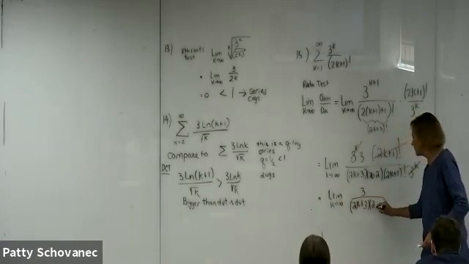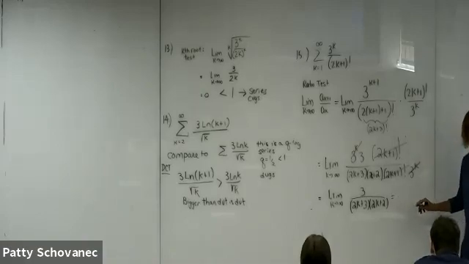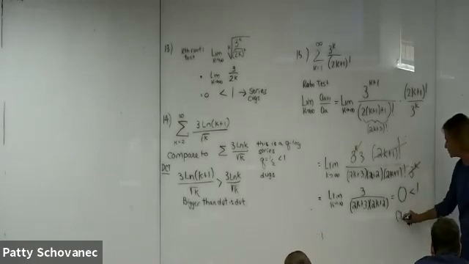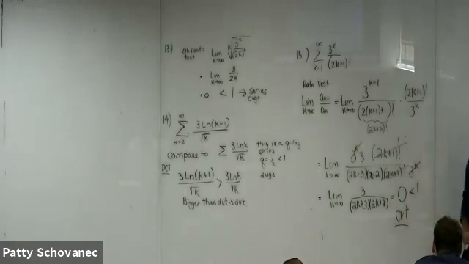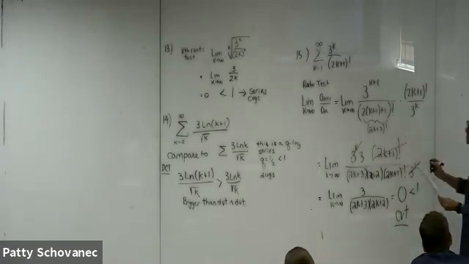But all the ks are on the bottom, so that means our limit is 0. Do we have a conclusion when the limit is 0 in the ratio test? Convergence, since it's less than 1. Less than 1 means it's convergent. That makes sense. Last one is an alternating series, so we've got to test it for absolute convergence first.